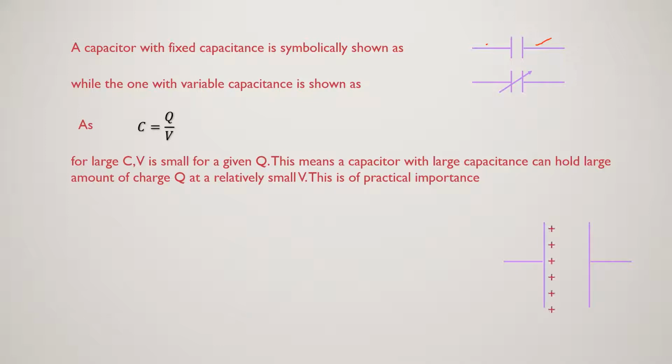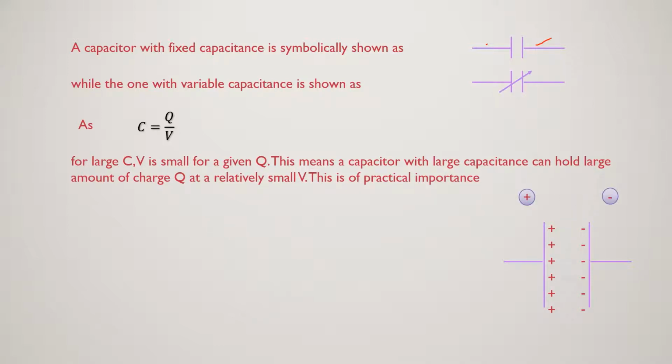If we go on increasing the charge on the capacitor, then the potential difference becomes high, and due to this a high electric field is developed, which will ionize the medium surrounding the conductor.